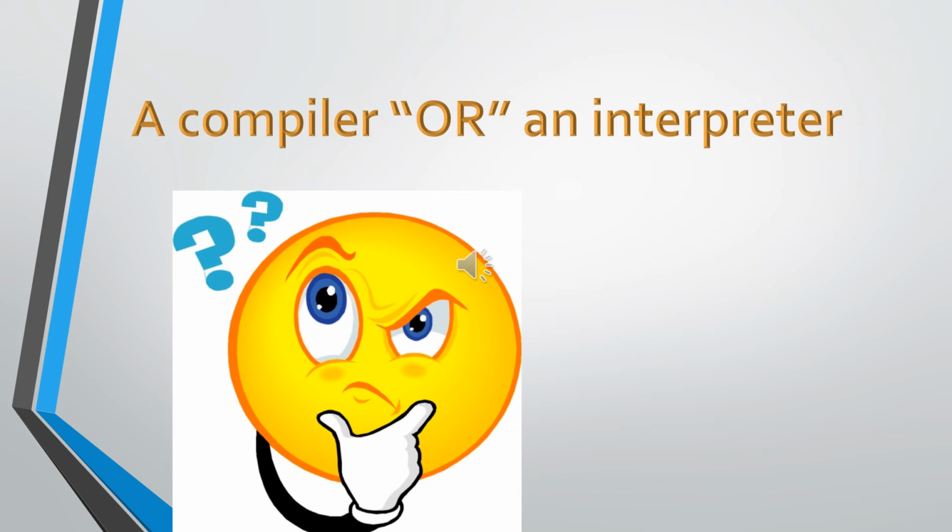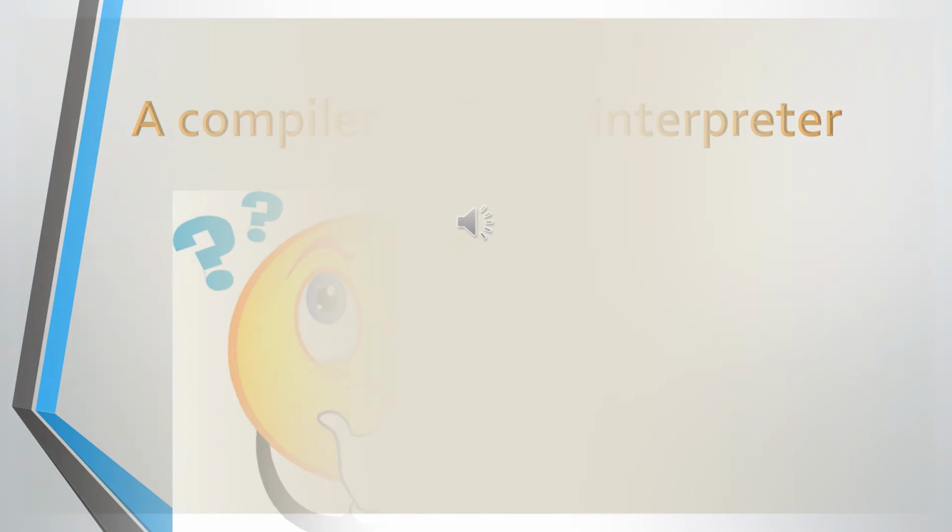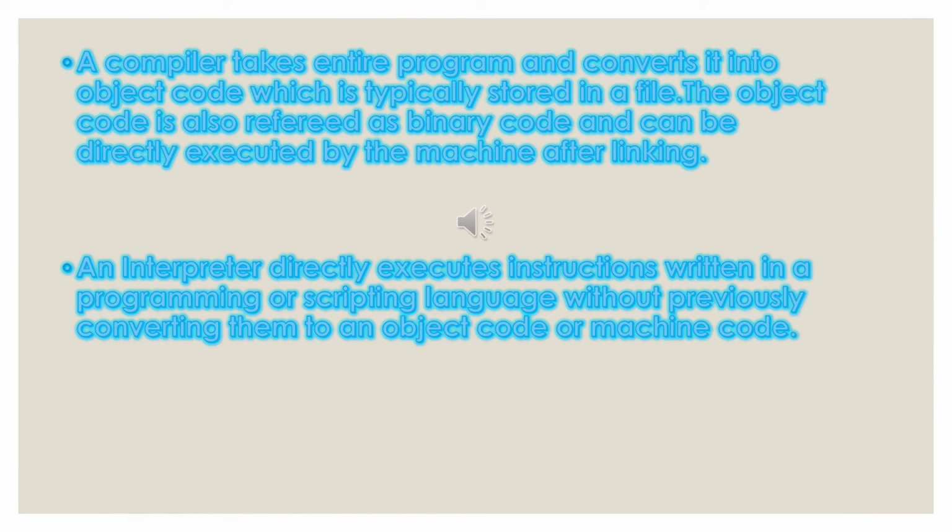We know what an interpreter is and what a compiler is, but we often get a question: a compiler or an interpreter, what should we use? Let's see a little more brief about a compiler and an interpreter. A compiler takes the entire program and converts it into object code, which is typically stored in a file.